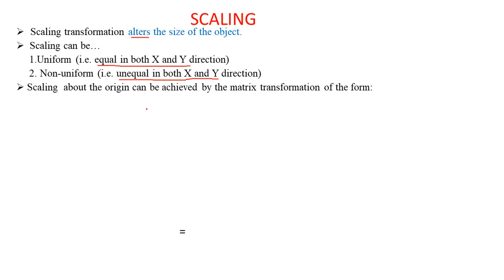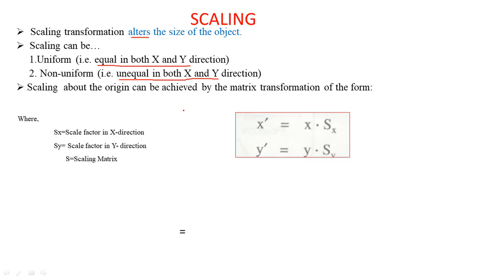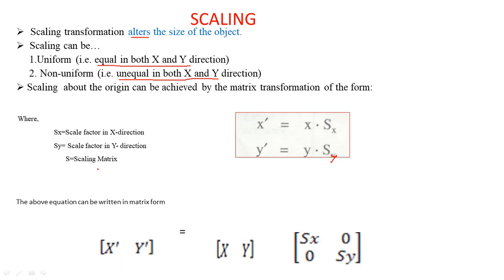Scaling about the origin can be achieved by a matrix transformation of the form x dash is equal to x into sx, y dash is equal to y into sy. Here sx is the scale factor in x direction, sy is the scale factor in y direction, and S is the scaling matrix.